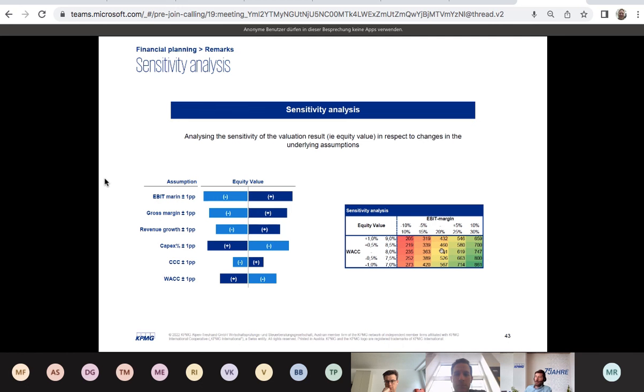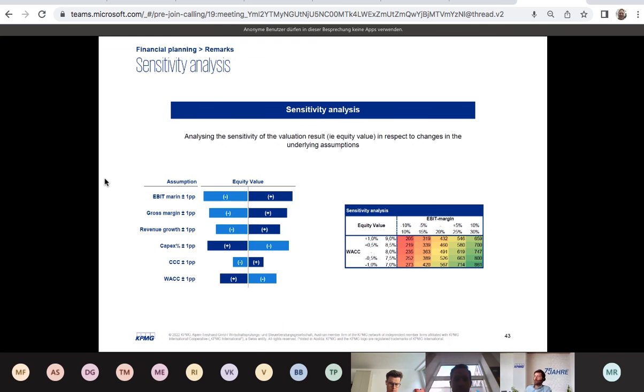And then we, for example, change the EBIT margin from 20% to 10%. And you see here, for example, it has a quite huge impact on the equity value using the same WACC. If you also increase the WACC, for example, by 1%, then the impact is again higher, of course.